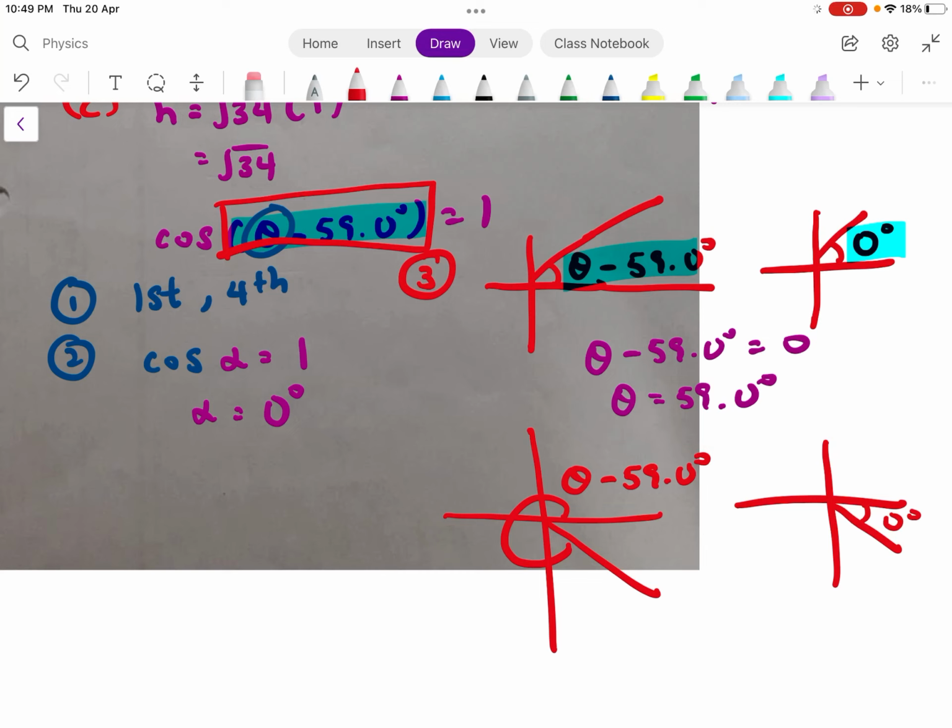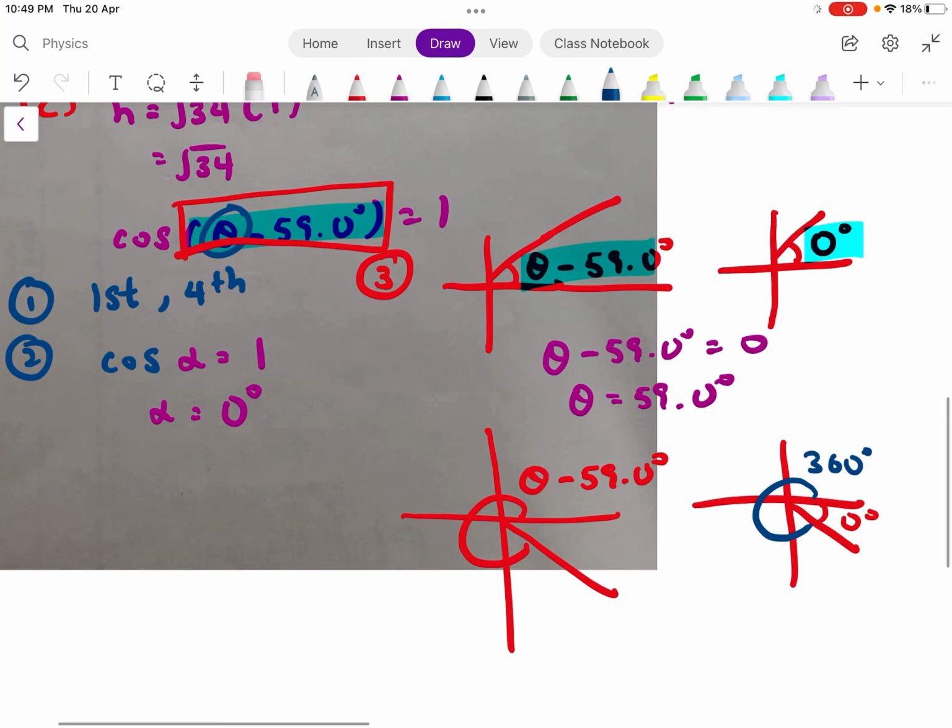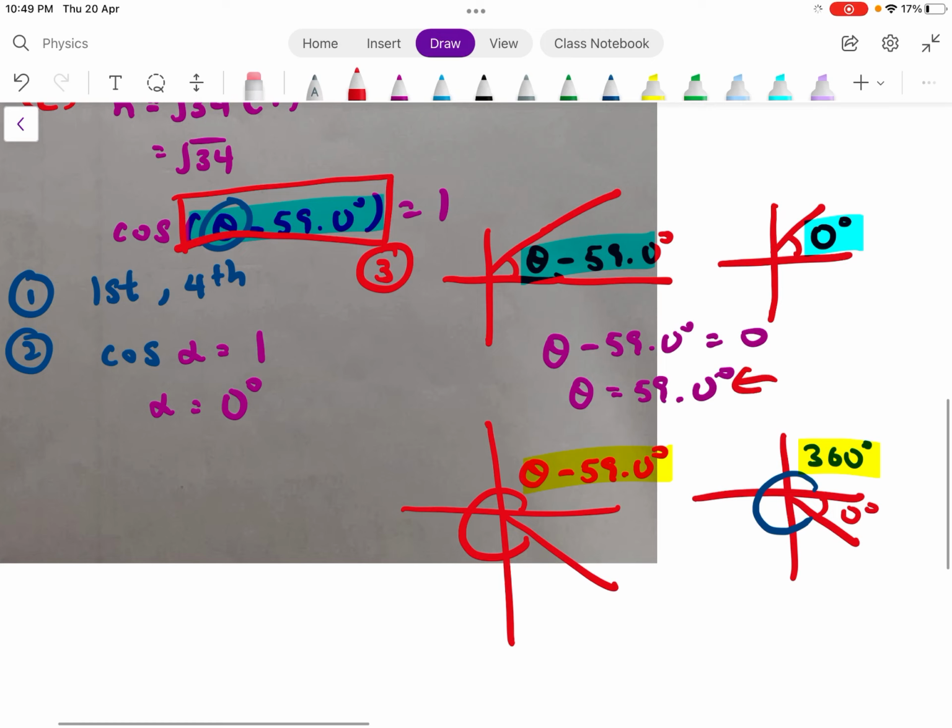So this is 0, meaning that this whole thing here equates to 360. So if you solve for theta, it's about 419 or so, which is already out of range, because for theta, we must always ensure it's less than 90. So the answer will be just this, 59.0 degree.